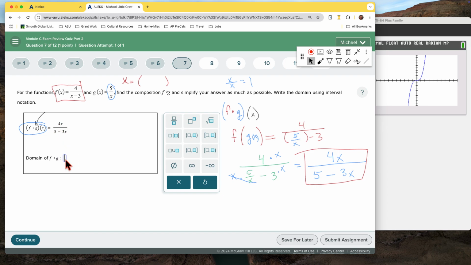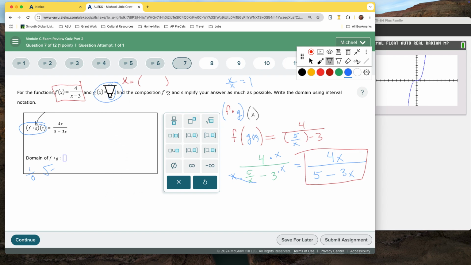For our domain, and again, for domains, all we're looking for is that we can't have division by 0, and can't have a negative inside of a square root. There are no square roots, so we don't have to worry about it. When we're looking at domain, we're concerned about what happens in the first step. So the first step is X is going to go into G. So we have to examine that. We're not going to examine what happens in F yet, but what happens in G.